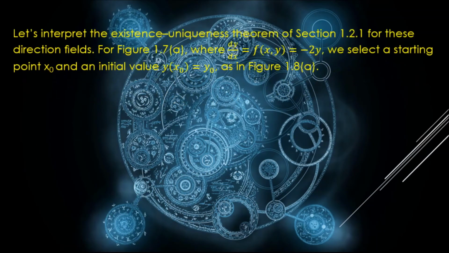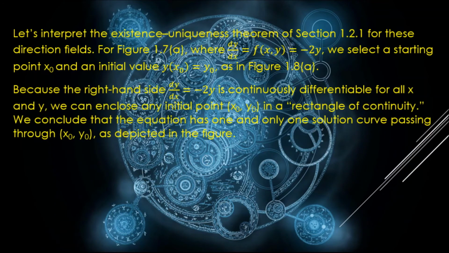Let's interpret the existence and uniqueness theorem of section 1.2.1 for these direction fields. For figure 1.7a, where dy/dx = f(x, y) = −2y, we select a starting point x₀ and an initial value y(x₀) = y₀ as in figure 1.8a.